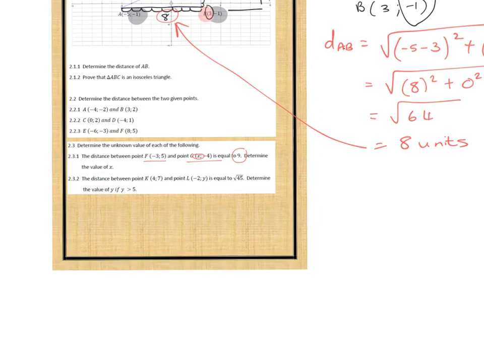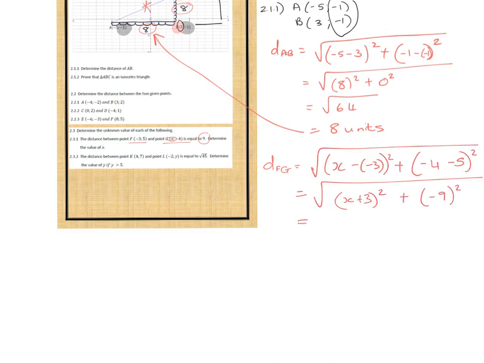Okay, so if they tell you two lines have the same distance, you can make their two equations equal to each other. So let's go with the distance of FG is equal to. All right, so then we fill in, just make sure if you're going to use the x as x1, then you must use the -4, its matching coordinate for y1 or y2, as long as they match.